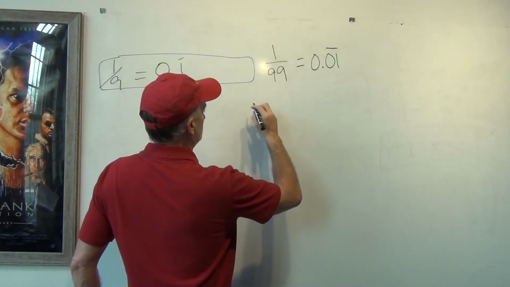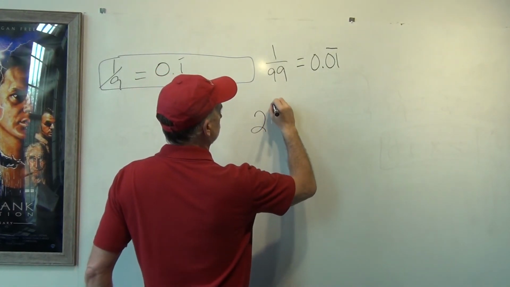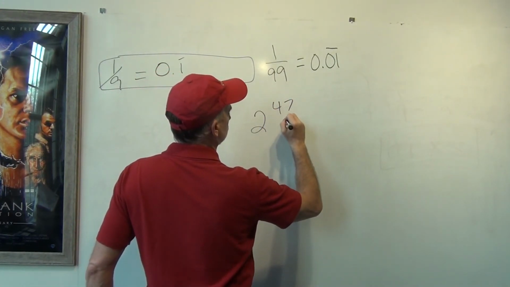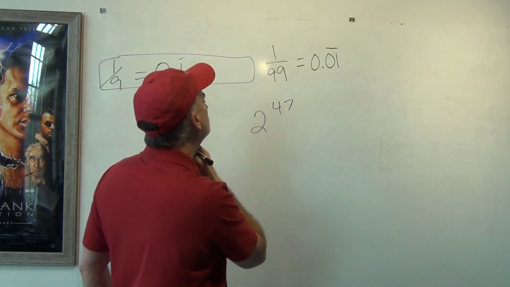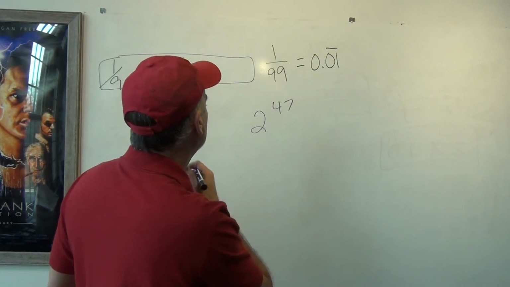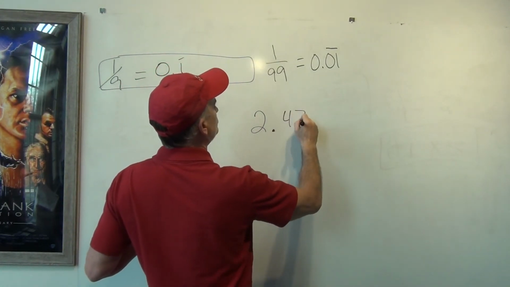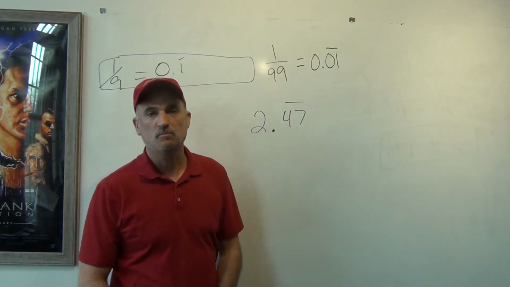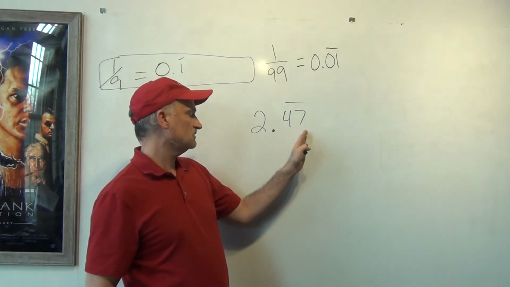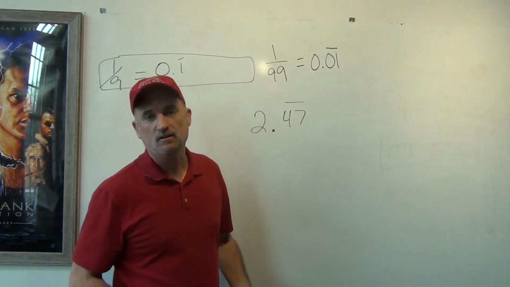Now what about this? Let me see now. I want to make sure. 2.47 repeat. Well, yes, the digits to the right of the decimal do repeat.